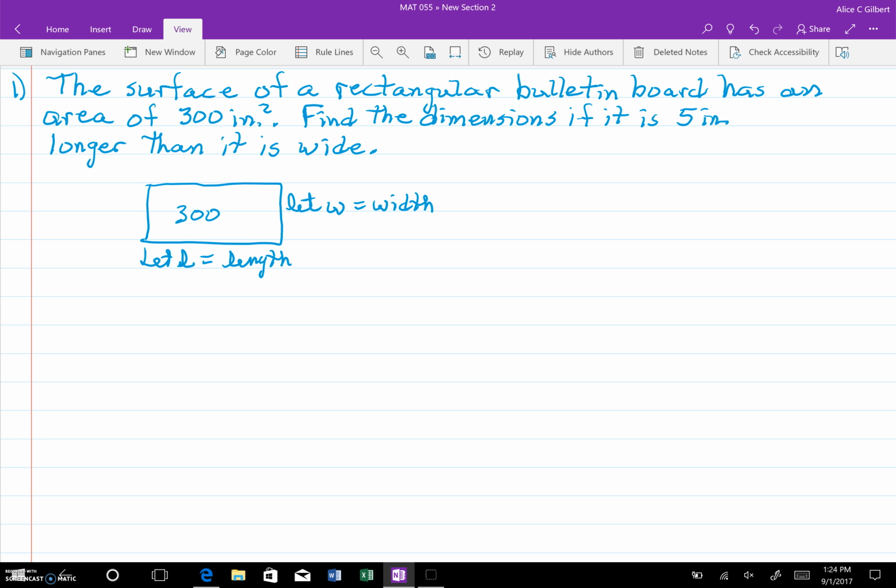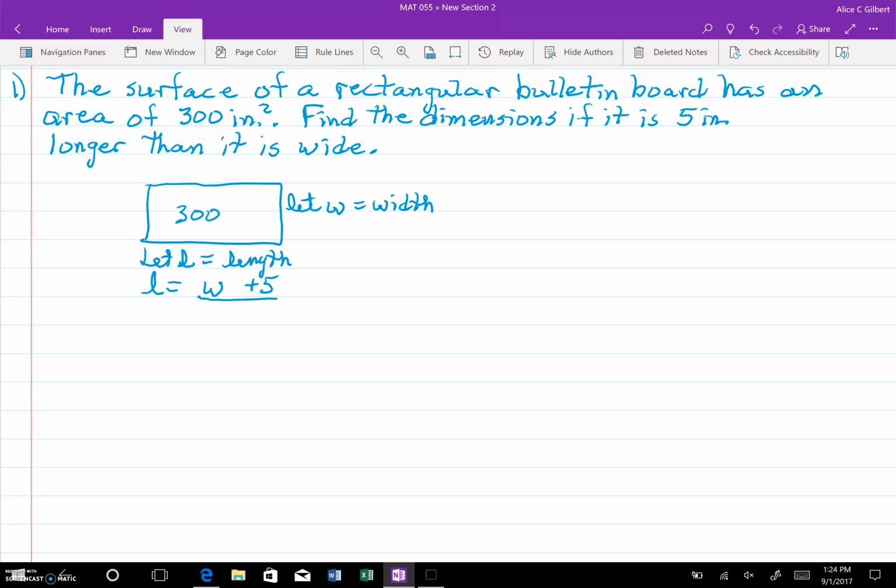So this inside the whole thing is 300 inches. It says find the dimensions if it is 5 inches longer than it is wide. So length, 5 inches longer, the length equals, well, it's going to be 5 inches longer than the width. Okay, so width plus 5. That's what my length equals.